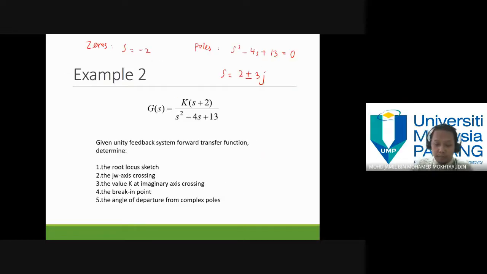Okay. So your poles are at 2 plus minus 3j. So after we found the zeros and poles, then we can calculate the other things like jω axis crossing and so on. Okay, so let's look at the answer given.